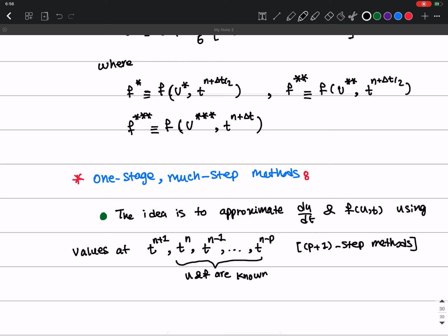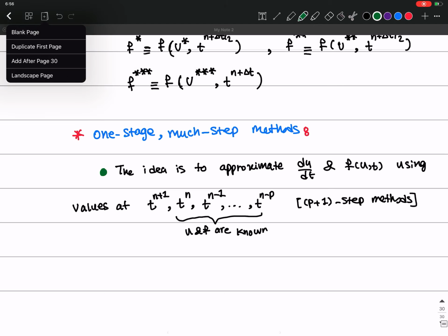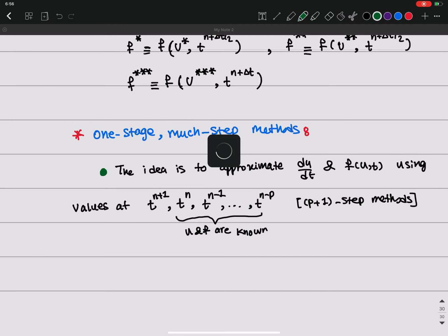If p is 1, then we are going to use tn plus 1, tn, and tn minus 1. So this is going to be a two-step method, okay? Especially with tn and tn minus 1, we are using two steps in the past to calculate the new value of u at tn plus 1. Okay, so this is the general idea of that.